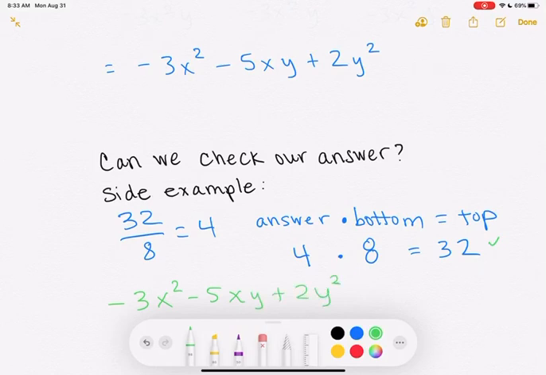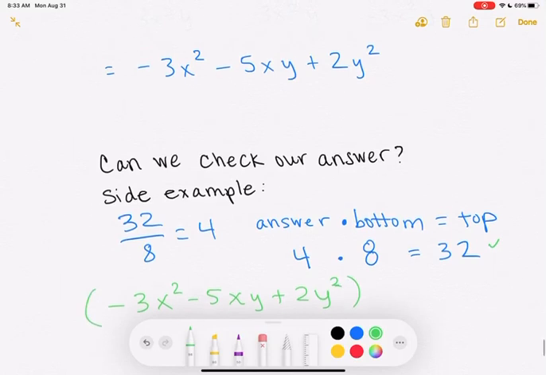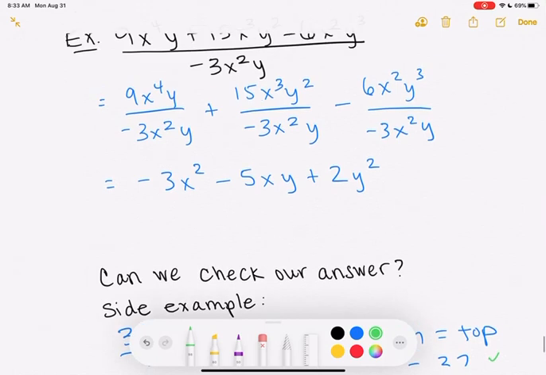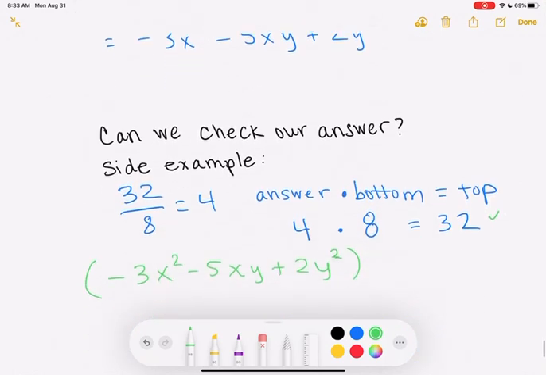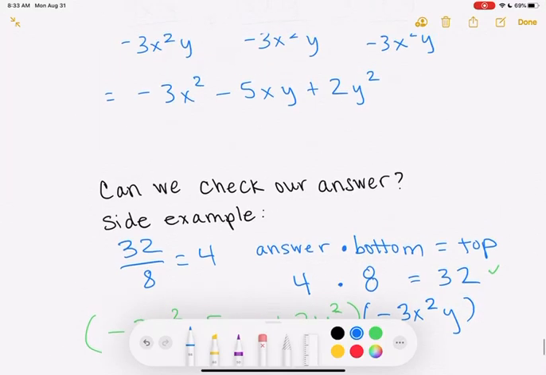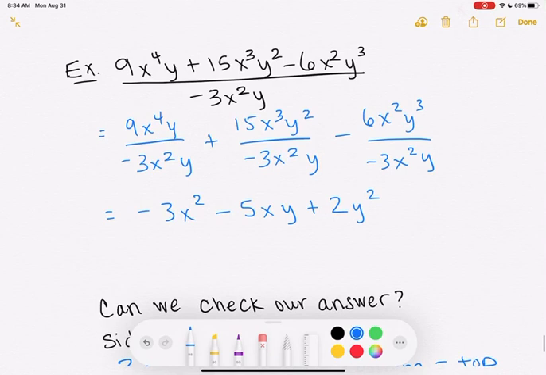What are we going to multiply it by? Multiply by whatever was on the bottom. So let's scroll back and remind ourselves what that was. That was negative 3x squared y. So we're going to multiply that. Negative 3x squared y.